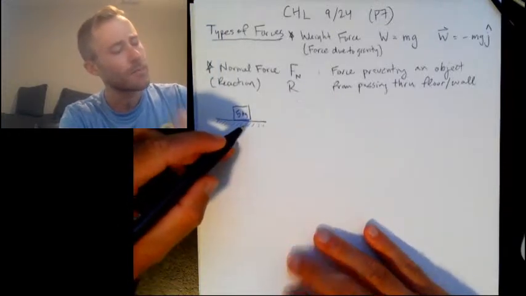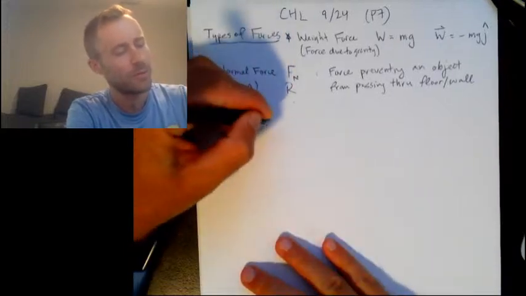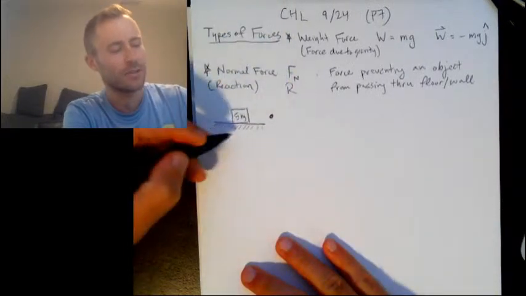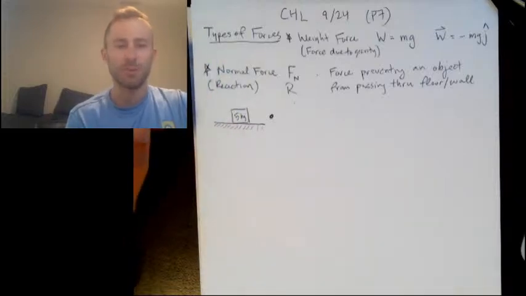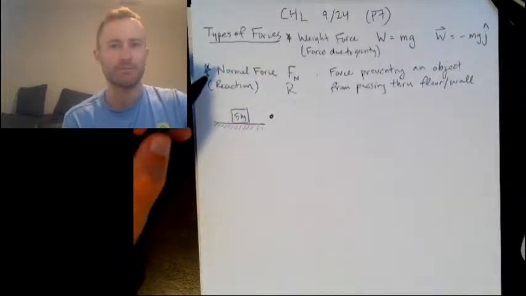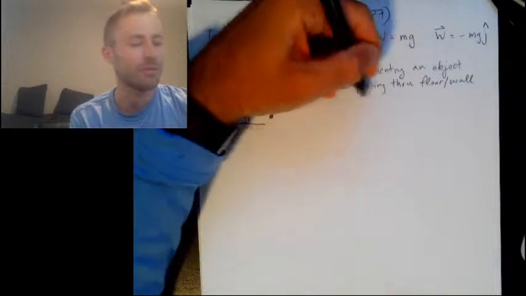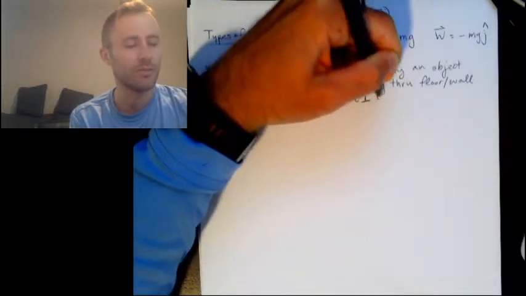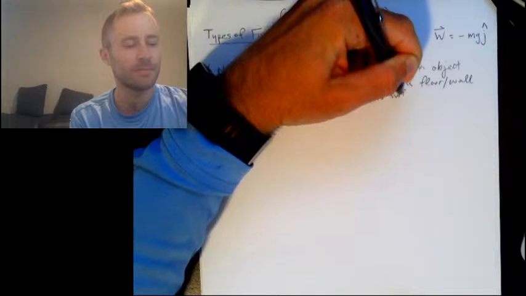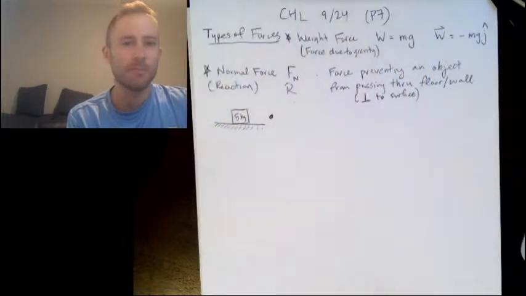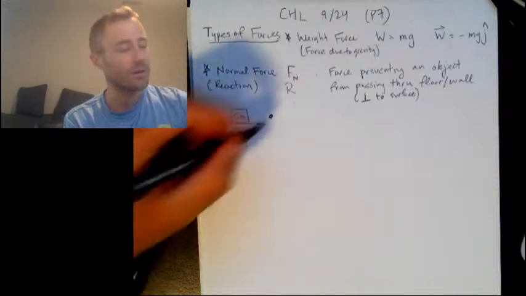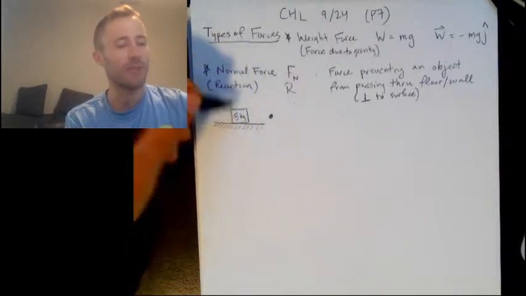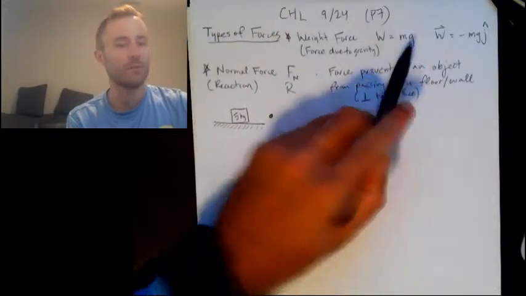Well, if we think about the forces that are acting on this, by the way, the normal force always points directly perpendicular to the surface. So the weight force acting on this 5 kilogram block is going to be m times g, so 5 times 10, which would be 50 newtons.